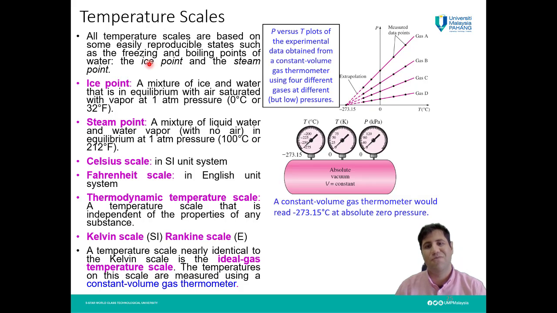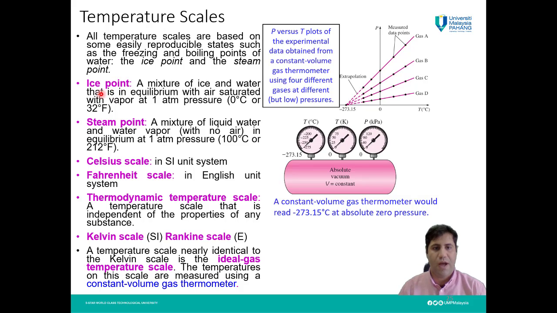The temperature is defined according to some specific points. We call the ice point of water 0 degrees Celsius, and the steam point, when the water starts boiling, 100 degrees Celsius, for example. Then the range from 0 to 100 degrees Celsius is divided, and by extrapolation we can define the other temperatures.